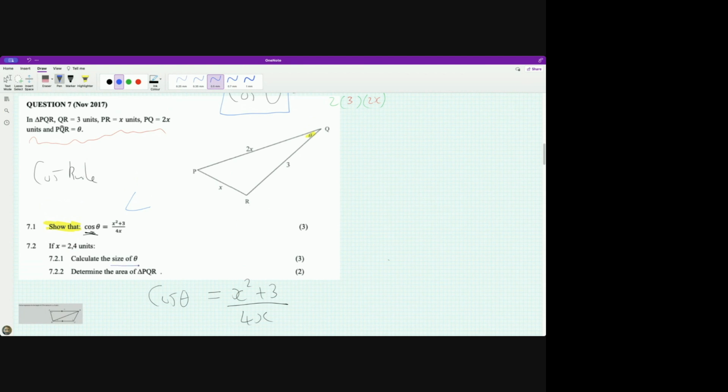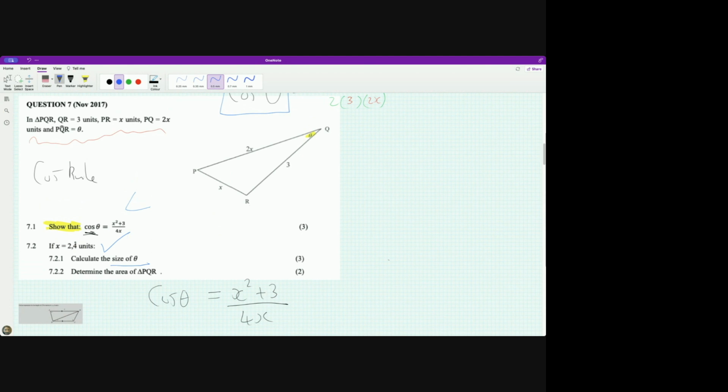Because it says find theta, but before that, they tell us x is 2.4. Why is that information helpful? Does anybody have an idea why that might be helpful? How can we use the 2.4 to help me find what theta is?